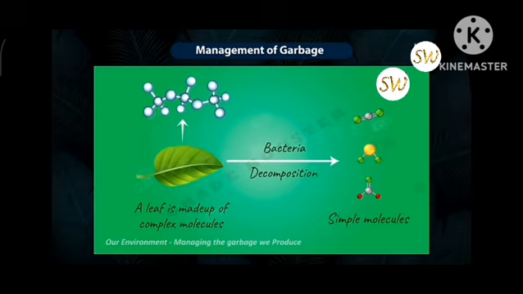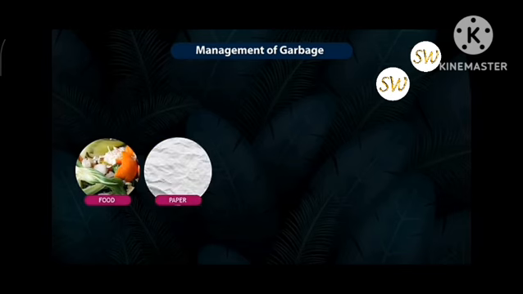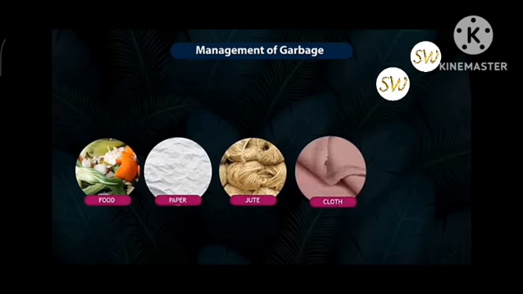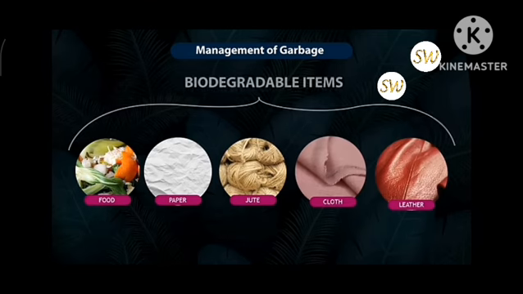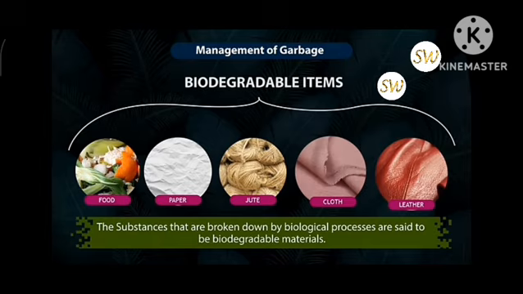They can also decompose things that are made with plant or animal ingredients like food, paper, natural fiber, clothes, leather, etc. So these kinds of substances are called biodegradable materials. The substances that are broken down by biological processes are said to be biodegradable materials.